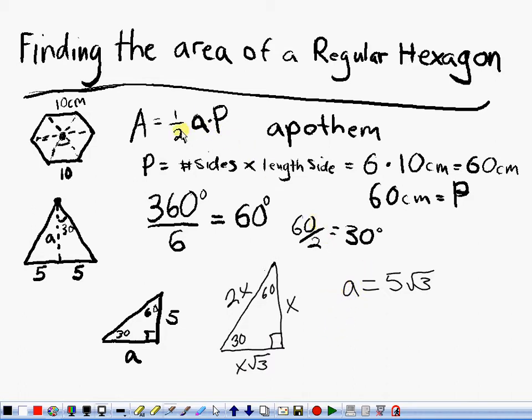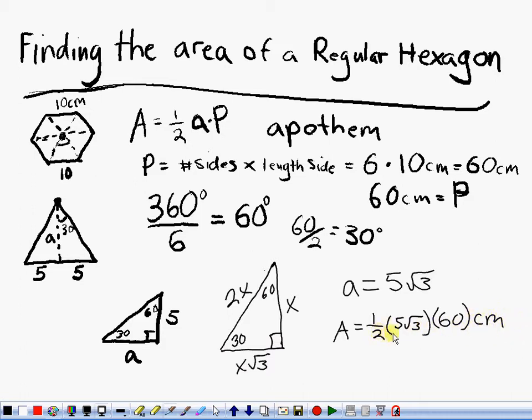We're going to use this equation up here: area equals 1/2 apothem times perimeter. The area is equal to 1/2 times 5√3, all times the perimeter, which was 60 centimeters.